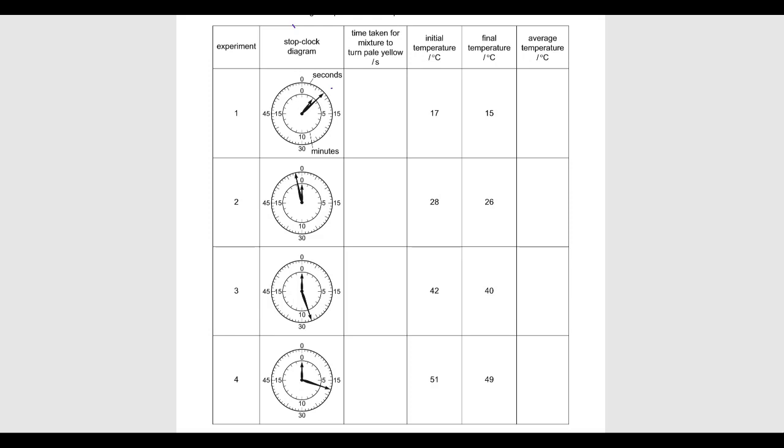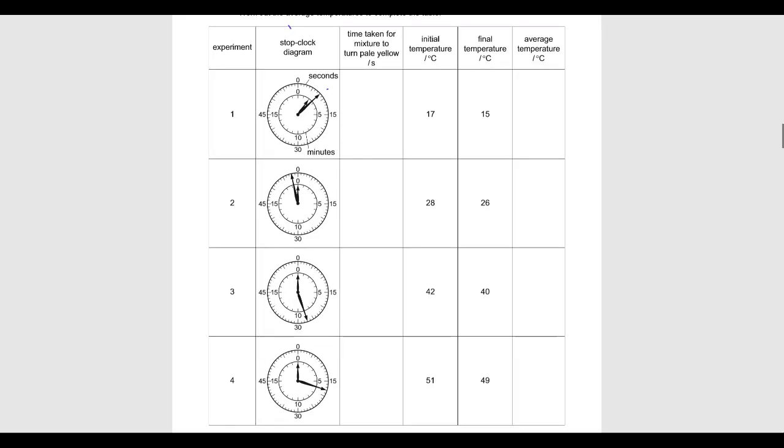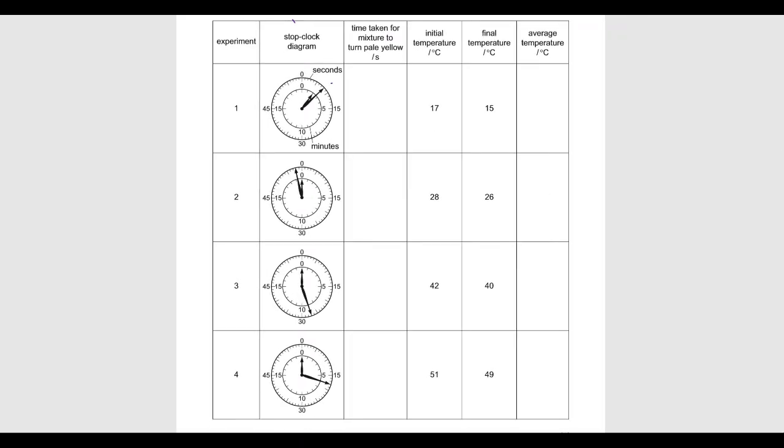So here we need to calculate the time, in seconds. You have in the stop clock 2 circles. The outer one represents the seconds, and the inner one represents the minutes.